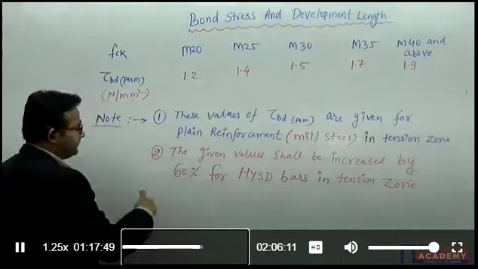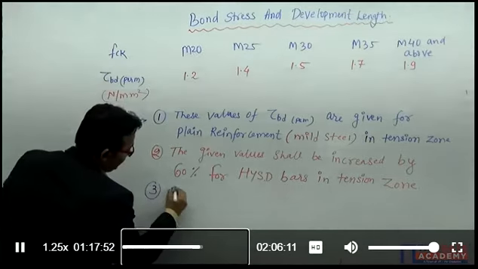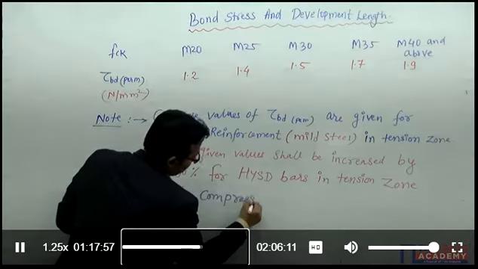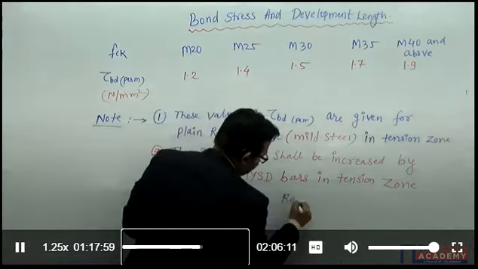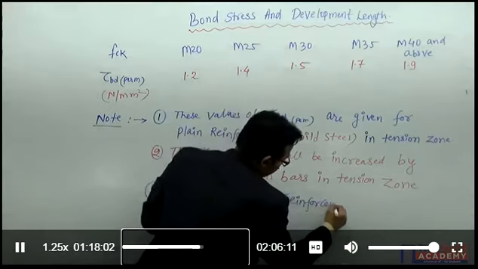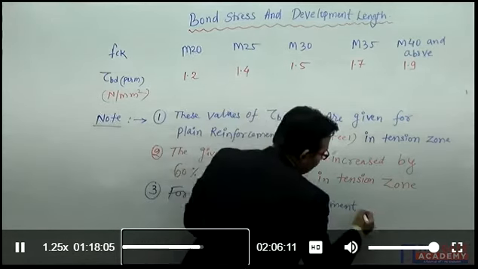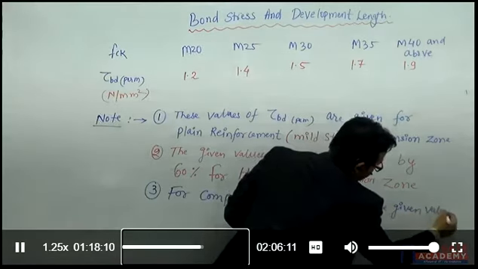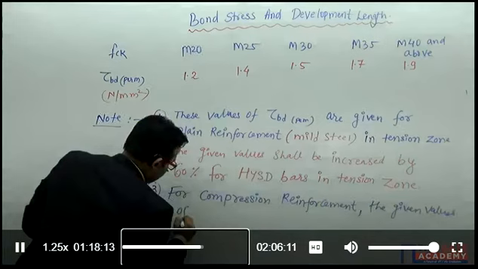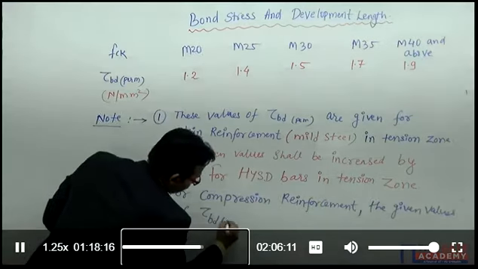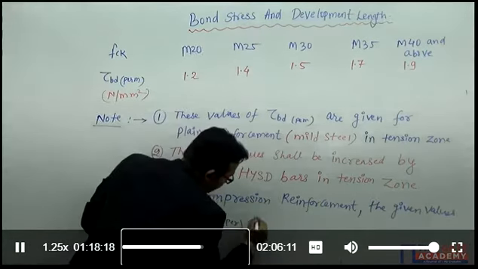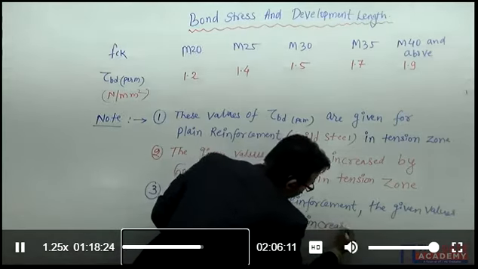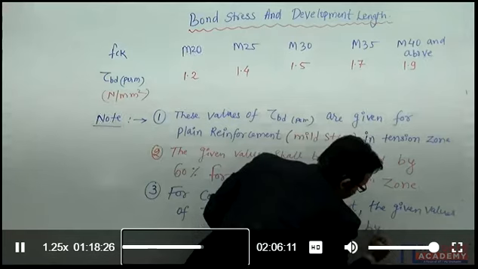Let me write here: for compression reinforcement, the given values of tau BD permissible shall be increased by 25%.